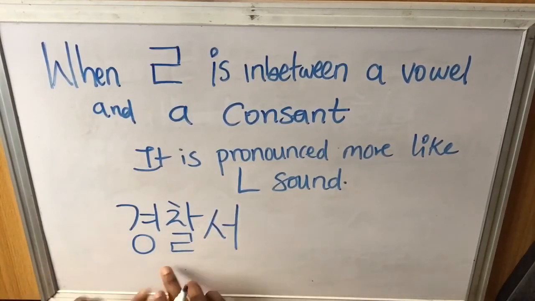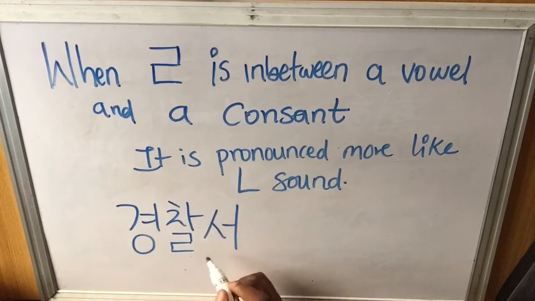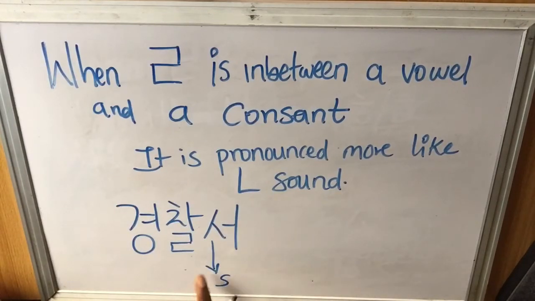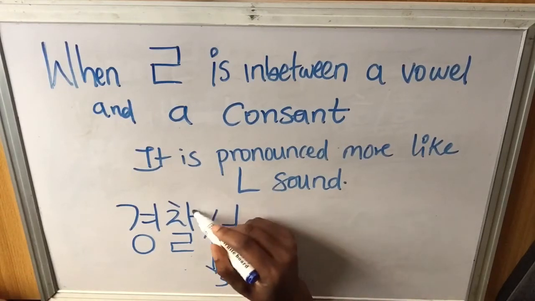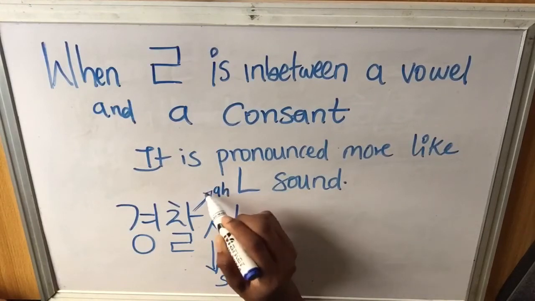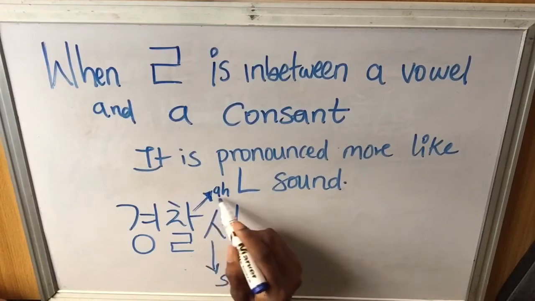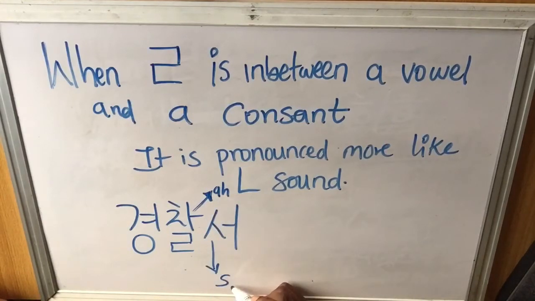Our next example, 경찰서. As you guys can see, there is rieul in the word, and this is S in Korean, an S sound, and this is an A sound. So this is a vowel, and this is a consonant. So we pronounce rieul as an L sound.